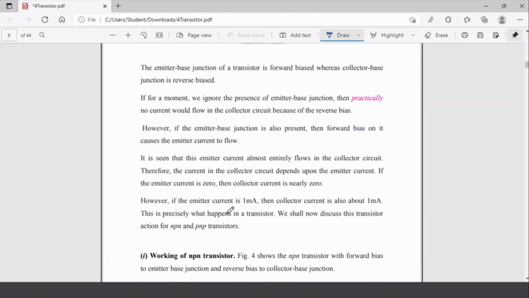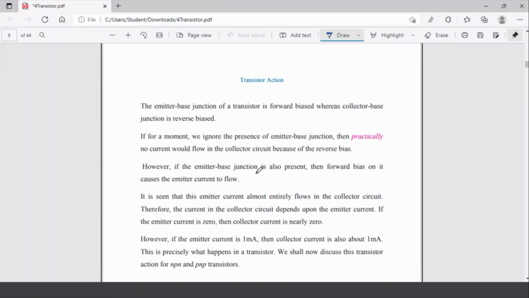Now, how does the transistor action take place? The emitter base junction is forward biased and the collector base junction is reverse biased. We have seen that if we ignore the presence of the emitter base junction, no current would flow in the collector circuit because of the reverse bias.